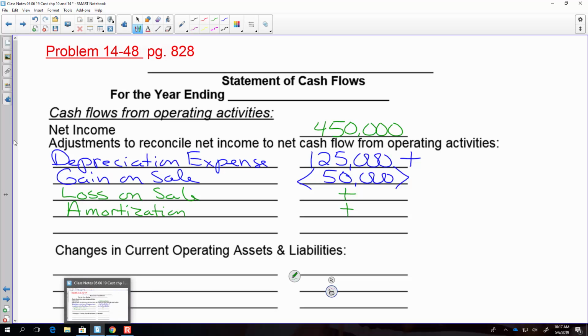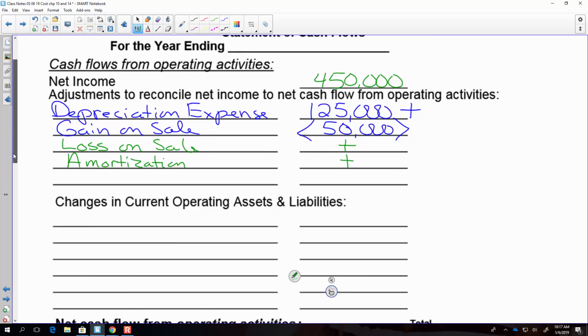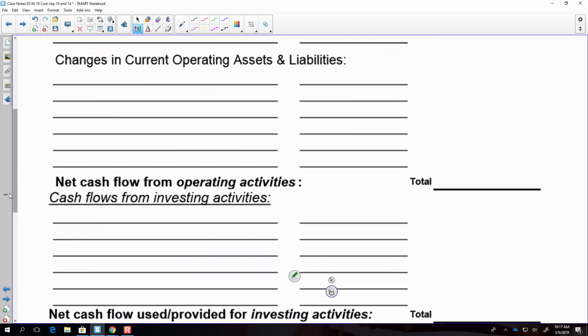All right, let's go further into our operating section, looking at the changes in the assets. The key word here when we're talking about assets or liabilities is the current. Has to be current items. For my current assets, what are we looking at? Which two accounts? Accounts receivable is one. Inventories is another.